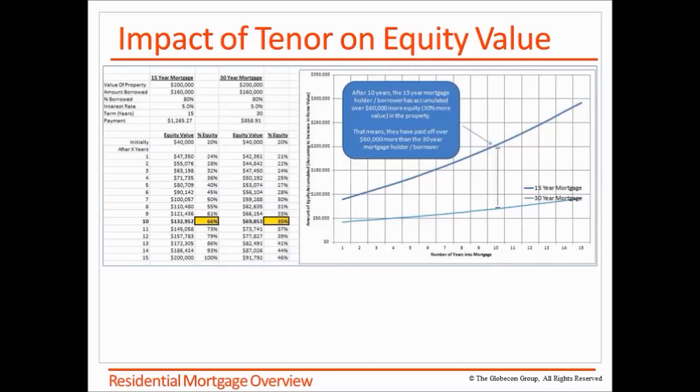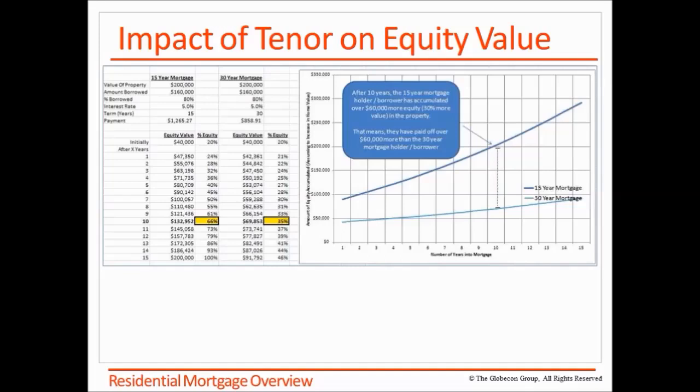So if we look at after 10 years on a 15-year mortgage, you're going to have equity of $132,000 in your home, or 66%. Whereas on a 30-year term, after 10 years you're only going to have just shy of $70,000, or 35% equity.